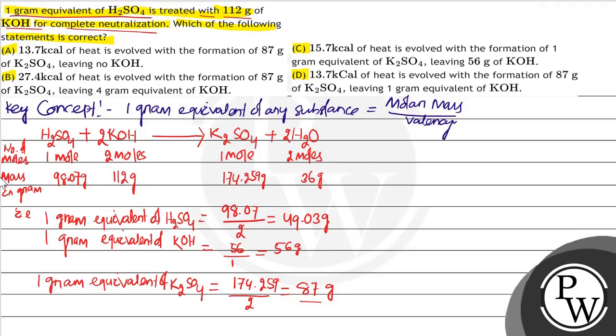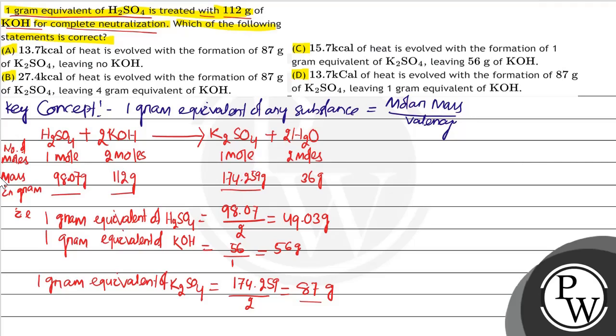So for this reaction we can see that 98.07 gram of sulfuric acid will react completely with 112 gram of KOH to give 174.259 gram of K2SO4.